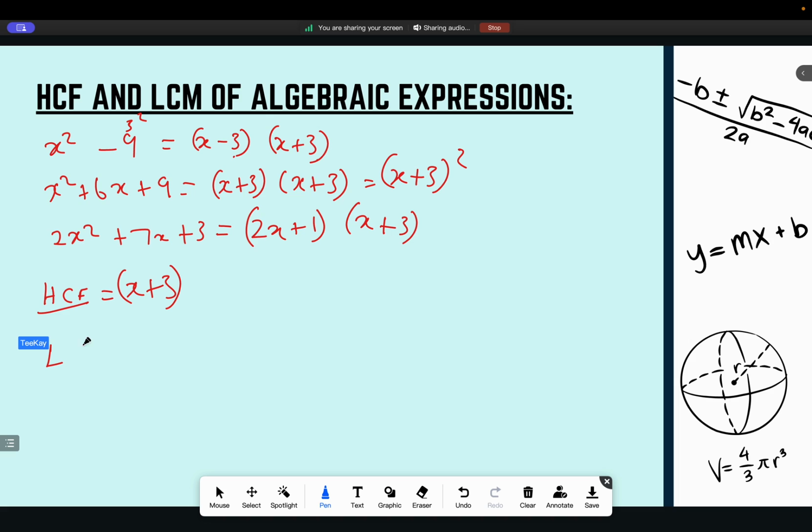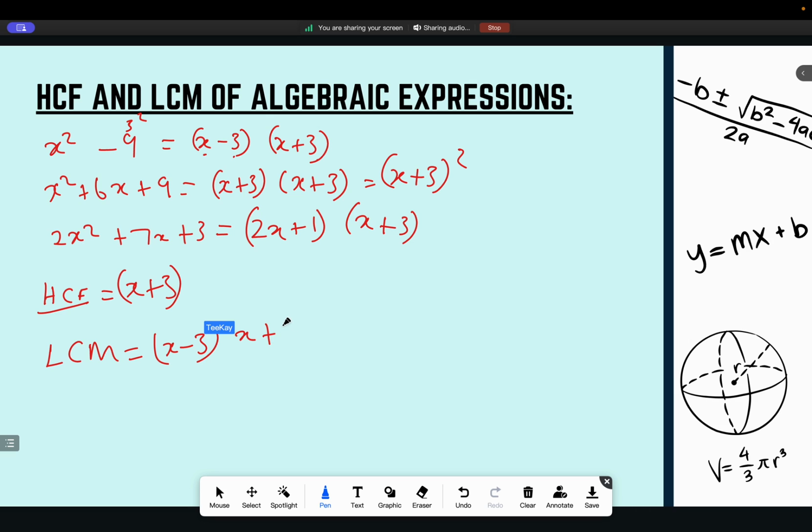Okay, what about the LCM, lowest common multiple? So we look for anything and we look for the highest power. Let's start with this one here. We have x minus 3. The highest power we have here is 1. And then we have x plus 3.